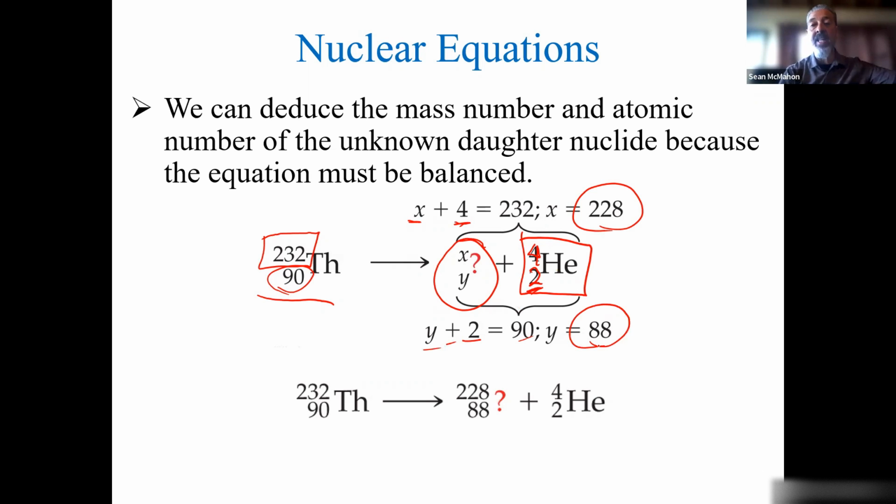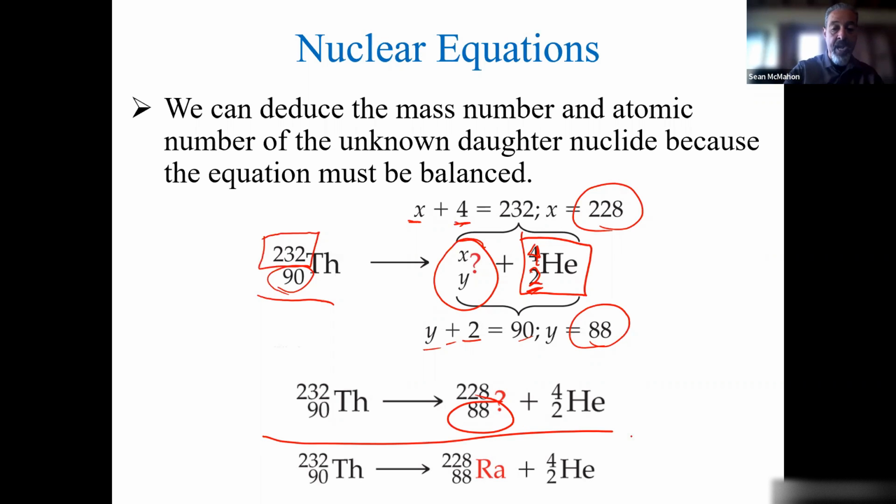You don't identify the isotope from the mass, because remember, the masses can change because isotopes have different numbers of neutrons. So how do we identify the elemental symbol? We look specifically at the atomic number. So when you go to the periodic table and you look at the atomic number 88, you're going to see that it's radon. And that's what you're going to write out.